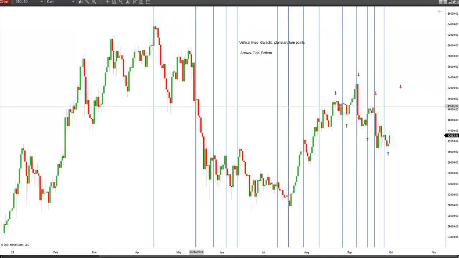The next one gave you a very minor bottom. There was only a 2 day up move, and they were both kind of like doji type bars, so not much action on that one. The next one was a swing high. The next one was a swing high.